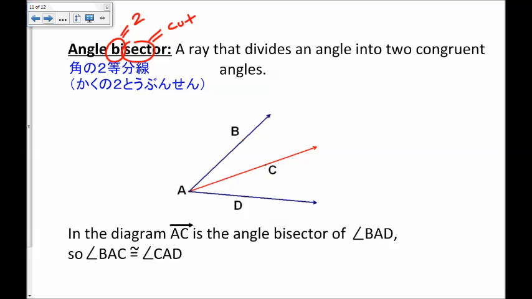An angle bisector is a ray that cuts or divides an angle into two congruent angles. So this ray is an angle bisector because the two angles it makes are congruent. It cut angle BAD in half. So that ray is an angle bisector.